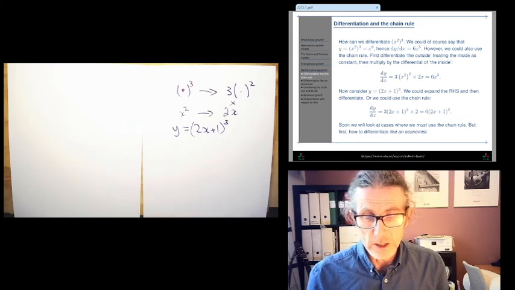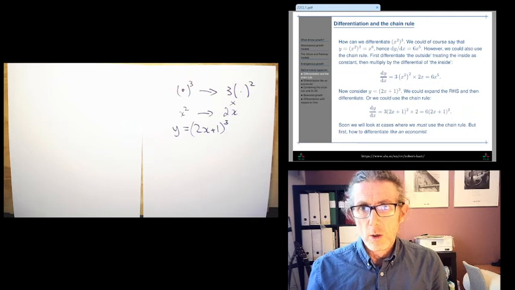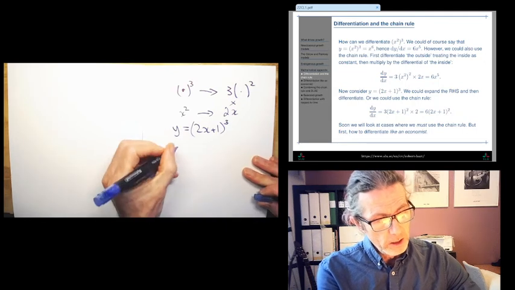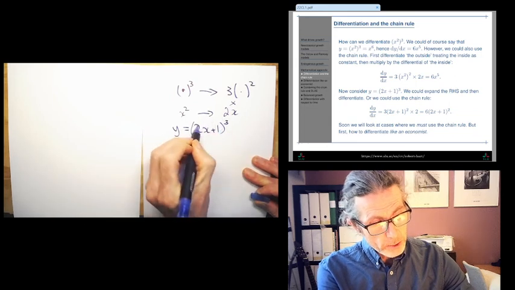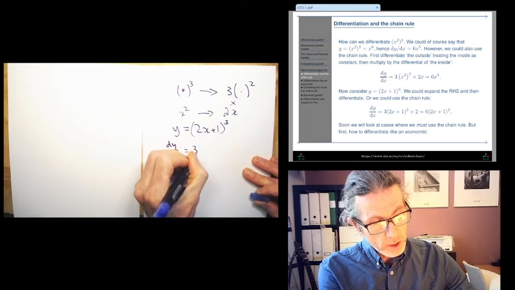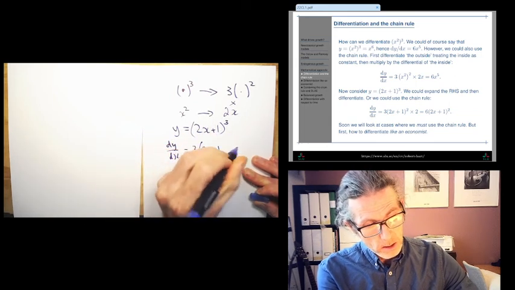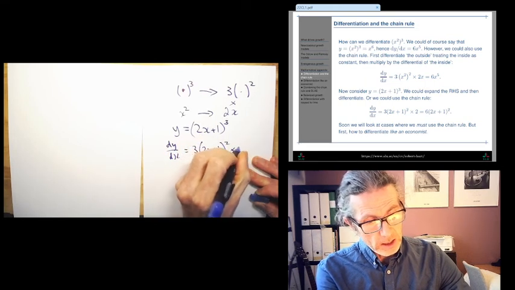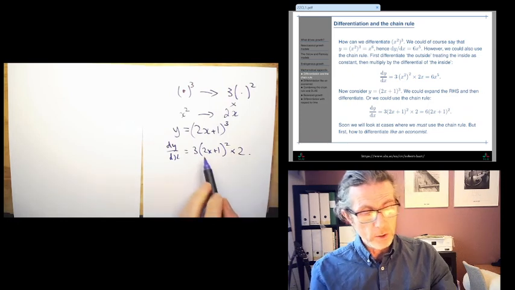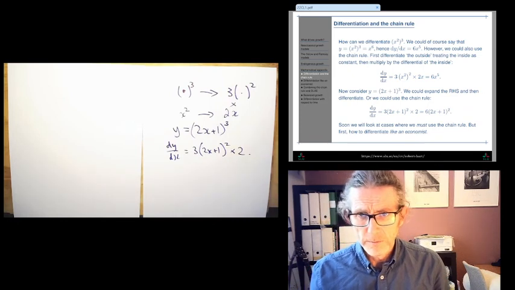We could differentiate that. Or we could just use the chain rule and say that dy dx is 3 times this squared, and then go inside and differentiate the inside times 2, so it's 6 times that squared.